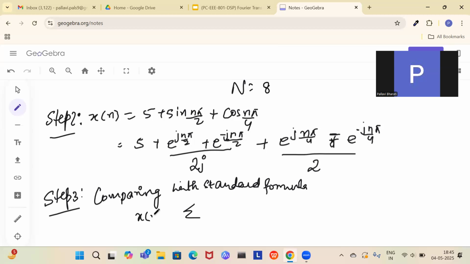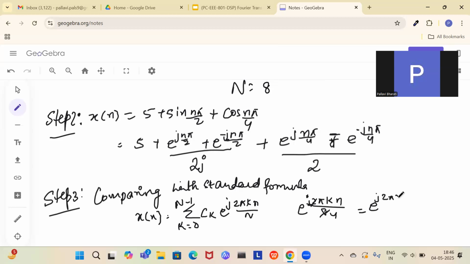You can write it as x[n] is equal to the sum over k equals 0 to N minus 1 of c_k e^(j2πkn/N). For us, the case N is equal to 8. So e^(j2πkn/8). Now this gets cancelled, it becomes 4. So you are writing it as e^(jπn/4 · k).